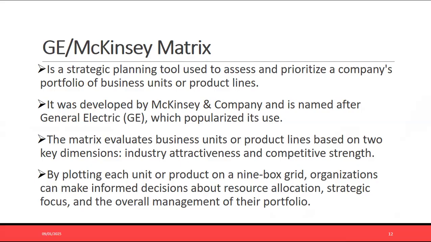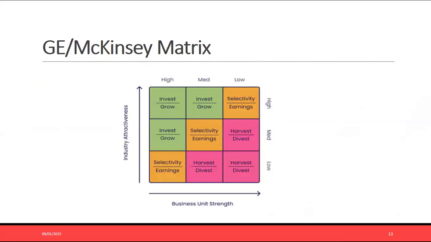So you plot each unit or product on a 9-box grid. Okay, a 9-box grid. And then organizations can make informed decisions about resource allocation, about strategic focus, and then the overall management of their portfolio.